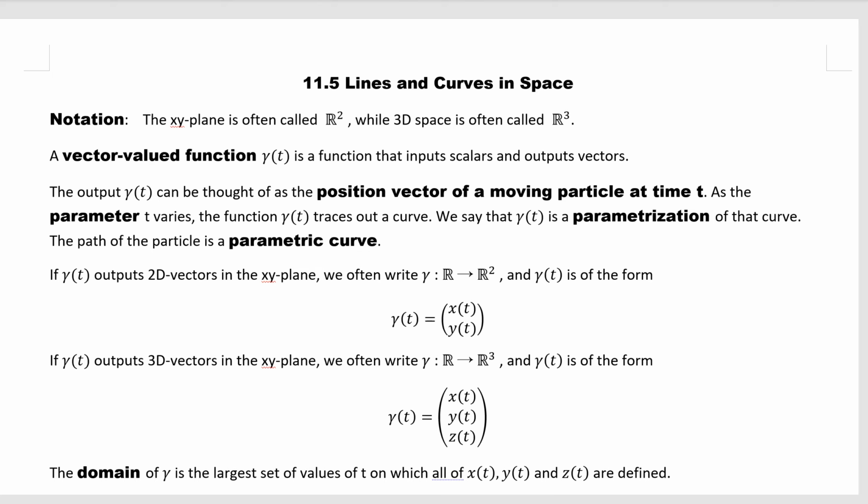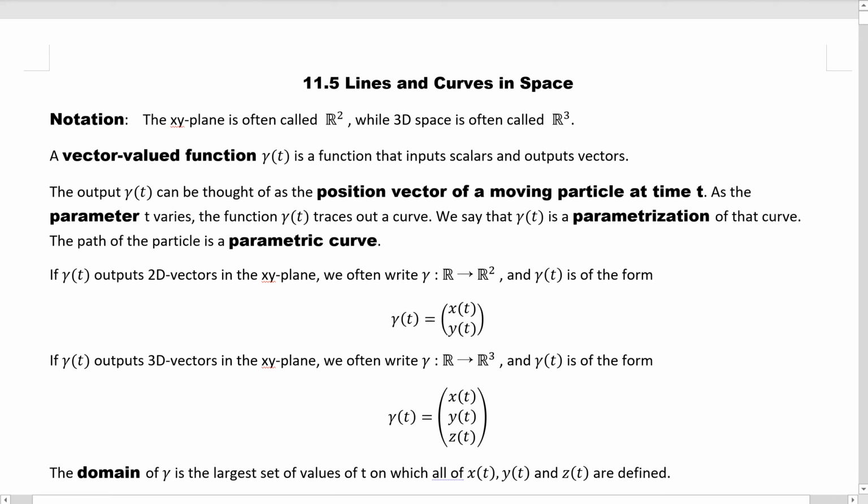If gamma of t outputs a two-dimensional vector in the xy plane, we often write that gamma is a function that maps from R to R2. And gamma of t is of the form of two coordinates, x of t and y of t.